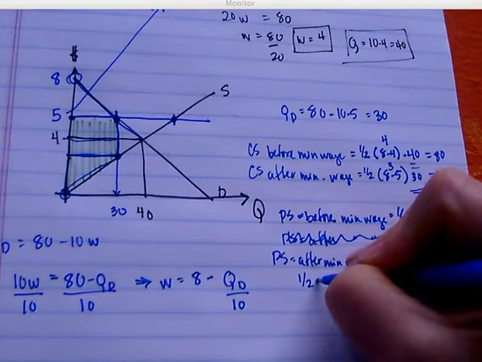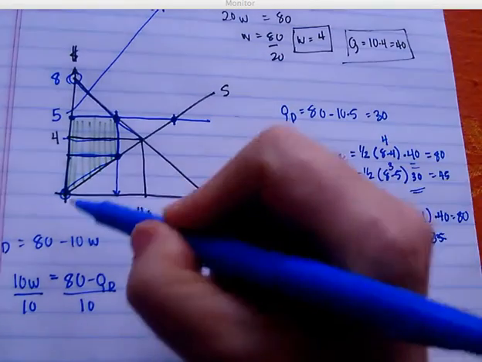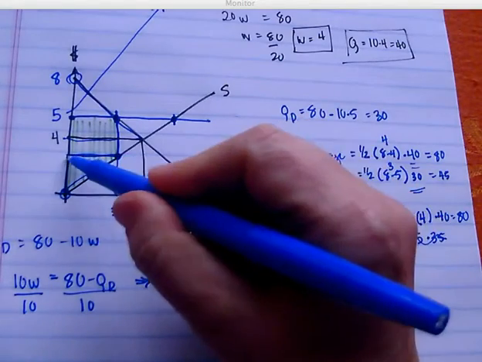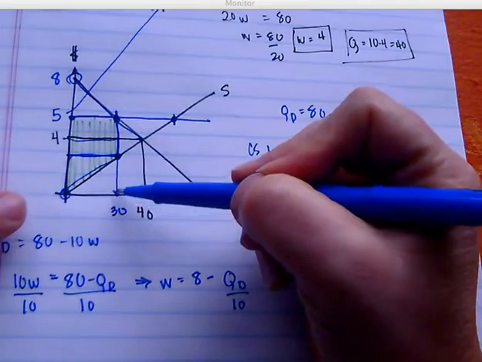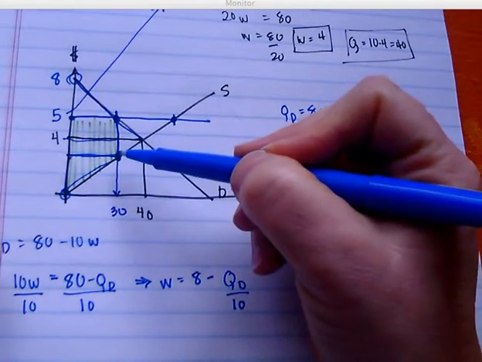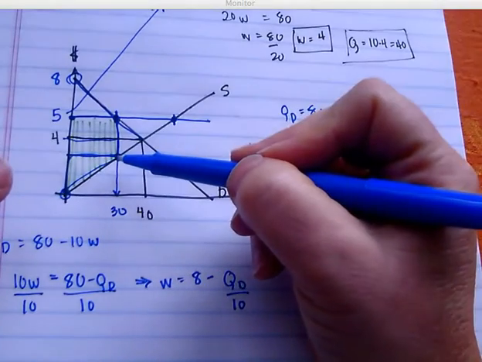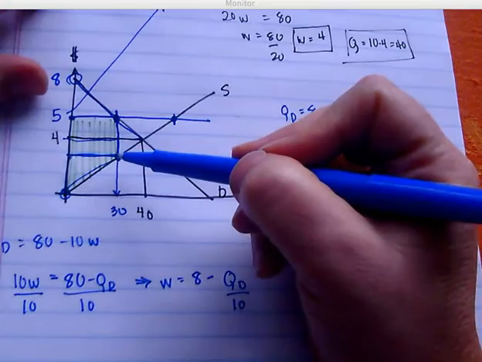That's 1/2 times 30, and then we need to know what this is, right? So that's easy to find out, because that is essentially what would the wage have to be for people to voluntarily only supply 30 units. And so we can figure that out by looking at the supply curve.